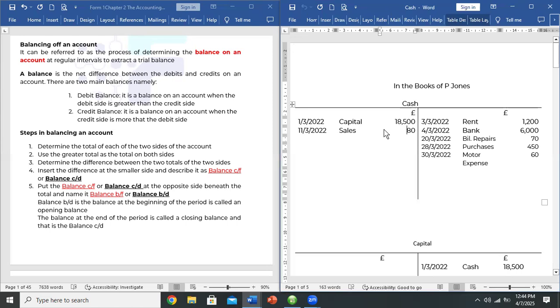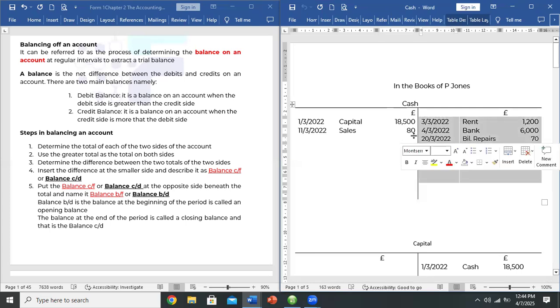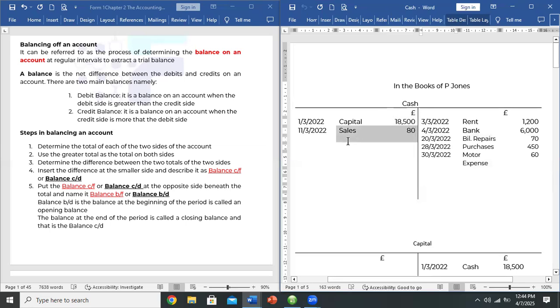So professors, making meaning of what I just read. As you see this account, we have this side, which is the credit side, and this side, which is the debit side, right? So if we talk of a balance on an account, we are looking for the difference between the amount on these two sides, right?